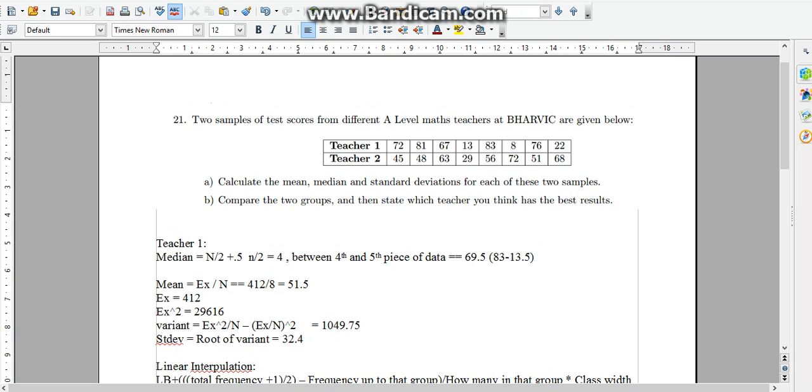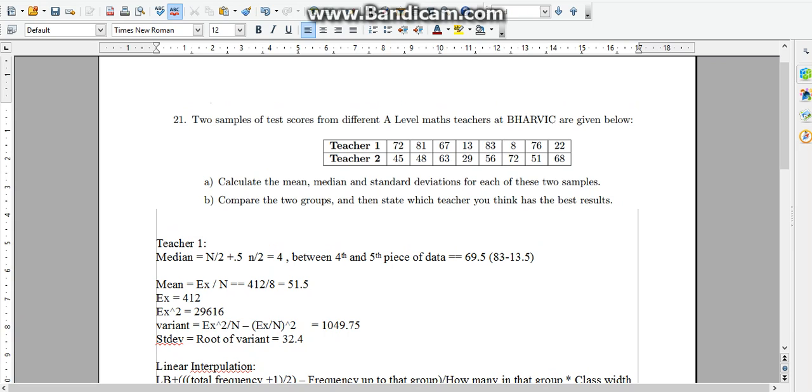To find the median, you'd normally count how many bits of data are in that data set. You divide it by 2, so in this case it's 8 divided by 2, which is 4. And if it's a whole number, you go halfway between that and the next piece of data.